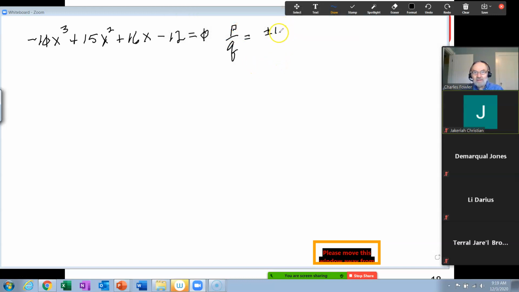Plus or minus 2, 2 will go into 12. Plus or minus 3, 3 will go into 12. Plus or minus 4, 4 will go into 12. 5 won't, we finally missed one. Plus or minus 6, 6 will go into 12. 7, 8, and 9, and 10, and 11 will not, but plus or minus 12 will.